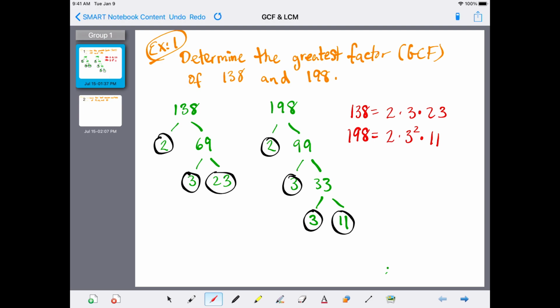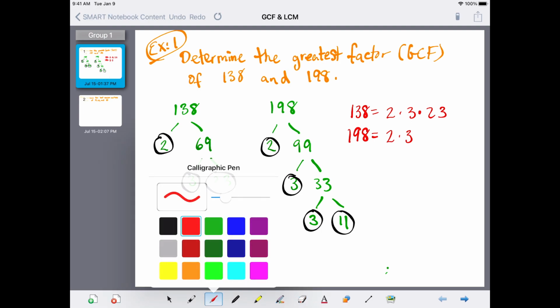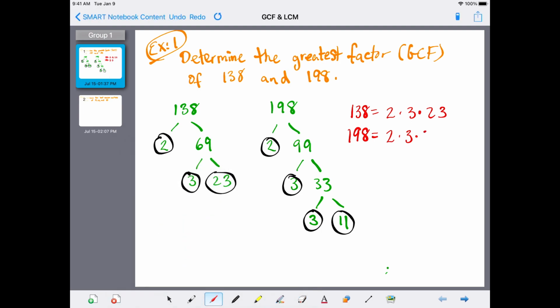So now here is where we can determine the greatest common factor, and I'm actually going to just rewrite this 198 slightly to make it a little easier for us. Instead of the 3 squared, I'm just going to break up the 3 into two separate ones.